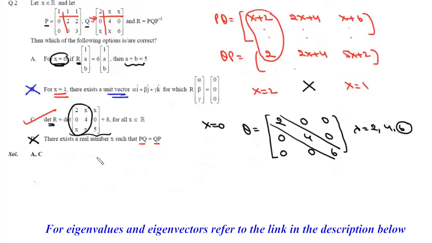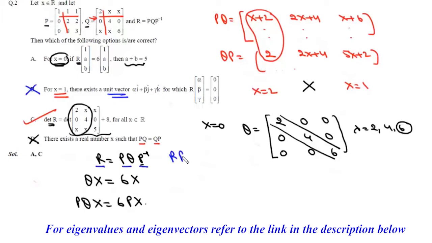Now 6 is one of the eigenvalues of Q. Now if we look at R, this R is PQP inverse. Now we know that Q into X will be equal to 6 into X. Now PQX will be equal to 6PX. Now we know that R is PQP inverse, so we'll multiply P to the right.